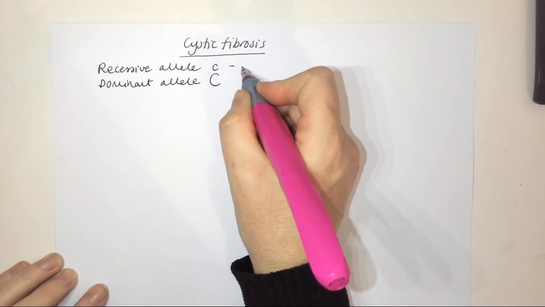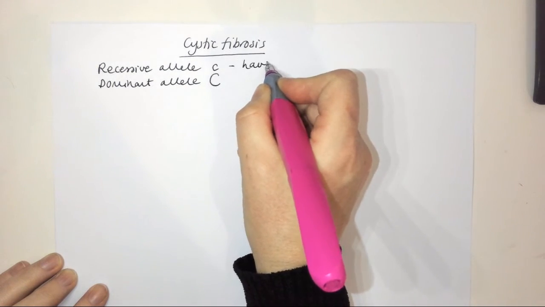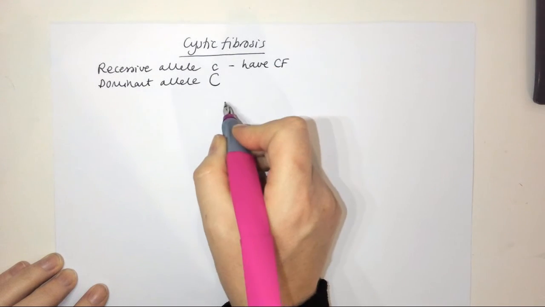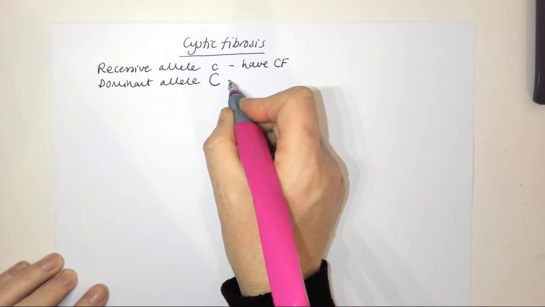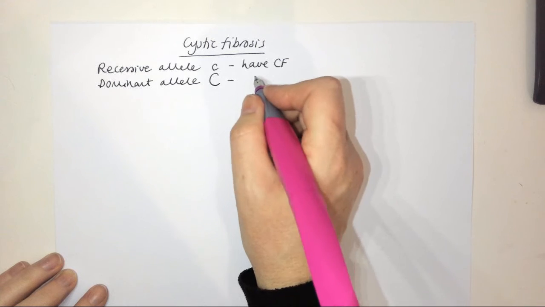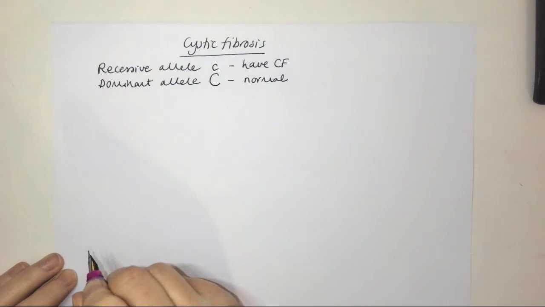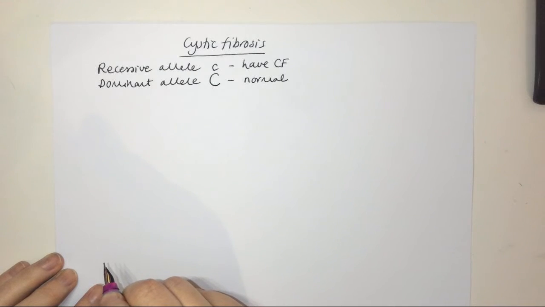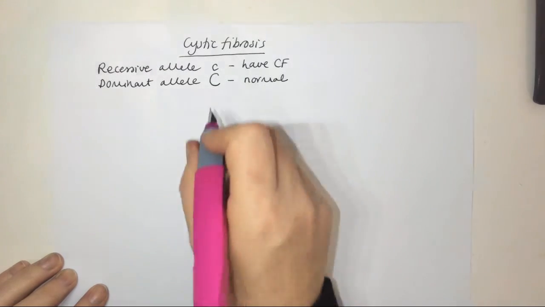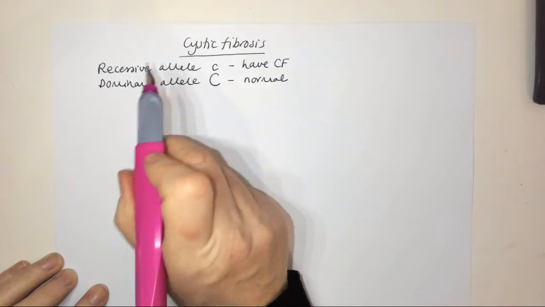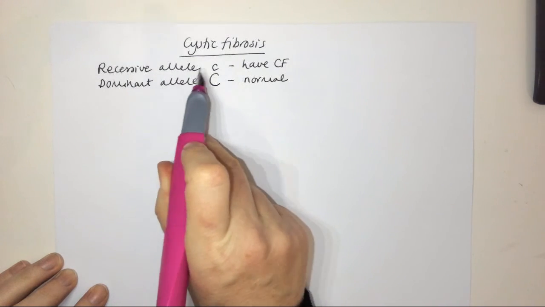The small c means that you have the condition CF, cystic fibrosis, and the dominant allele is for a non-sufferer, so we're going to say normal, the normal state.